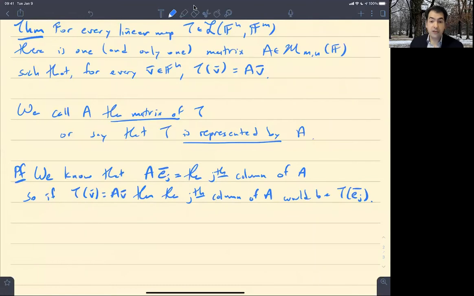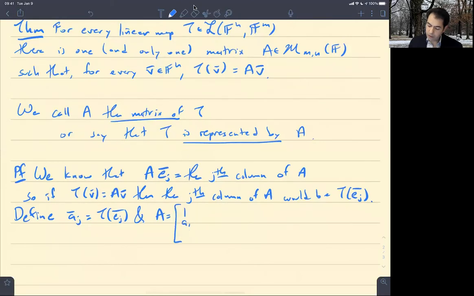Now, to show that there is such a matrix, let's just define it. Let's define AJ to be T of EJ. And let's let the matrix A be the matrix whose columns are A1 up through AN.